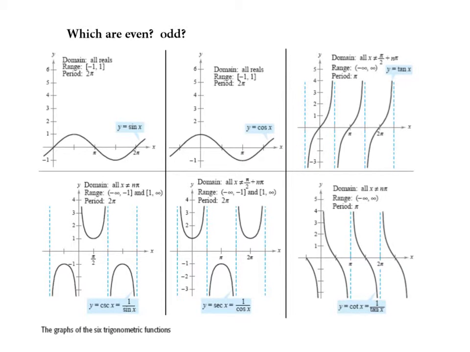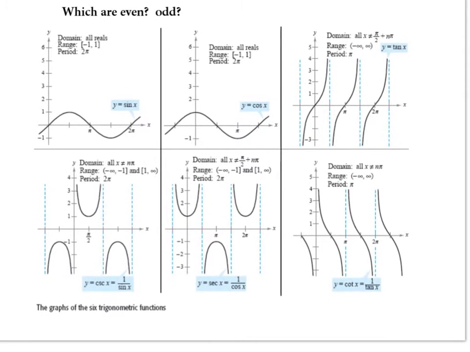All right, so the question at the top asks which are even and odd. So I want to talk about that really quickly. Just remember, graphically, even functions are symmetric about the y-axis, which means they're reflections over the y-axis. So if you look here at cosine, you can see that it is reflecting over the y-axis.